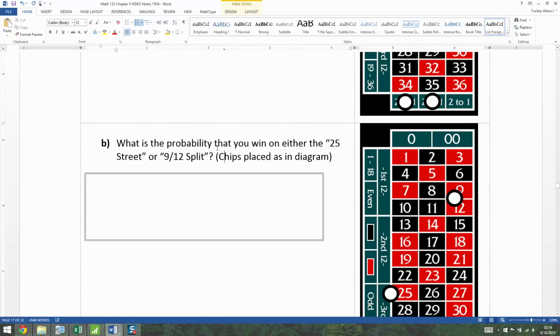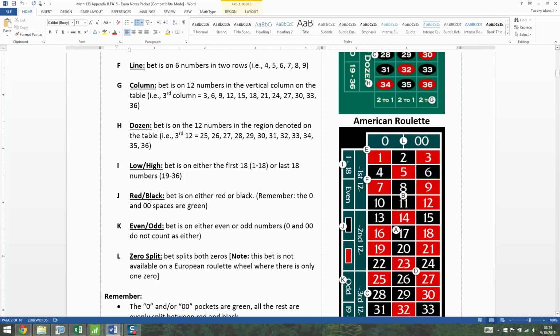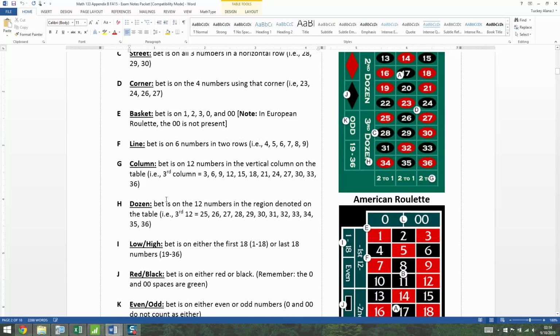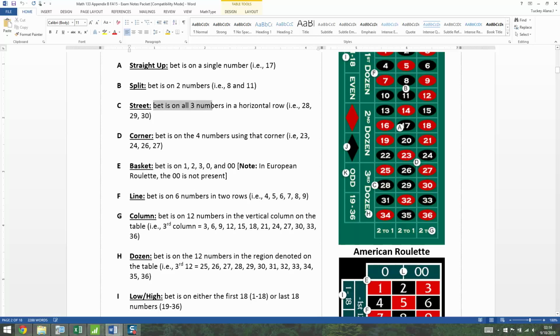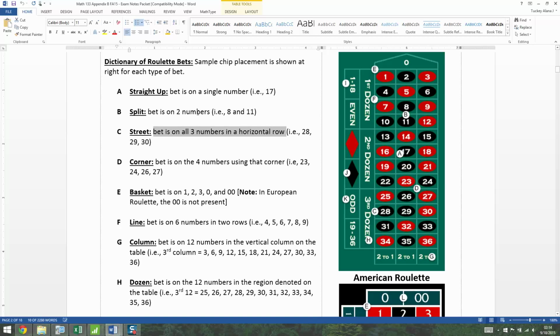We're going to place a street bet or a split bet. Now, a street bet, when you go back to the appendix, street bets right here, it means you're betting on all 3 numbers on the horizontal row. And a split bet, while I'm at it, means you're betting on 2 numbers. So let's go back.